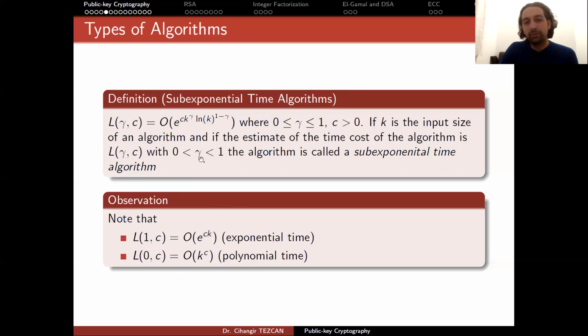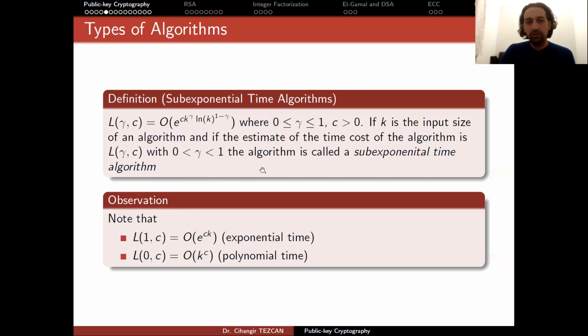So smaller gamma means that it is closer to a polynomial time algorithm, and if it is closer to 1, it becomes closer to exponential time algorithm. So in a sub-exponential time algorithm, your aim is to have gamma as small as possible so that you have an algorithm that is faster. So we can classify algorithms in this way.